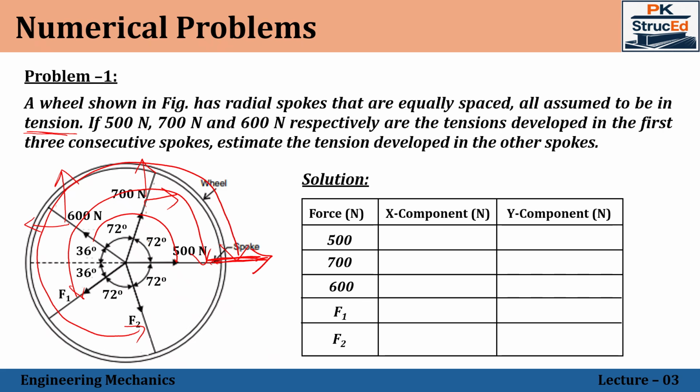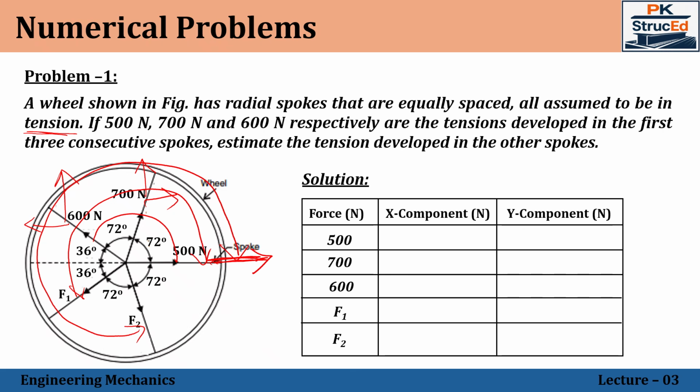But in this problem, rather than resolving all the forces individually and finding out whether it is positive or negative, we are going with a different approach. So in this case, we are not going to consider whether it is positive or negative, and we are not going to resolve the forces with respect to the nearest x-axis and y-axis. But one condition it should satisfy is all the forces should act away from the contact point. That is what has been satisfied in this case. So let us solve this one.